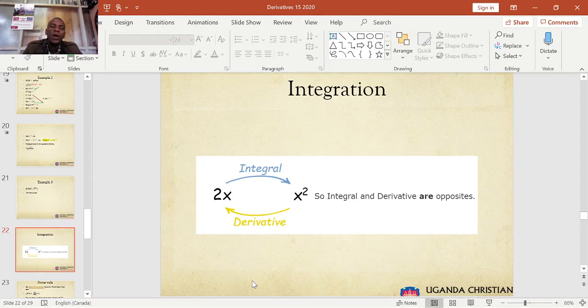So if you want to go back to the original function, like if I differentiate x squared, I'll get 2x, that is 2 times x to the power 2 minus 1. But now if I want to move from 2x to my original function, I will integrate.